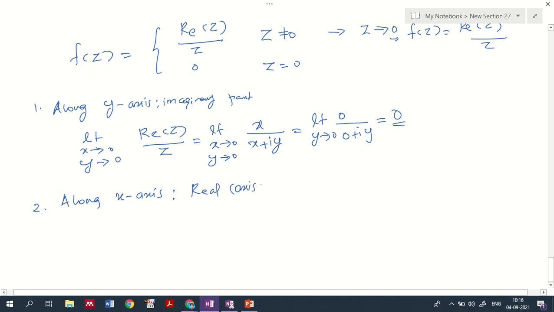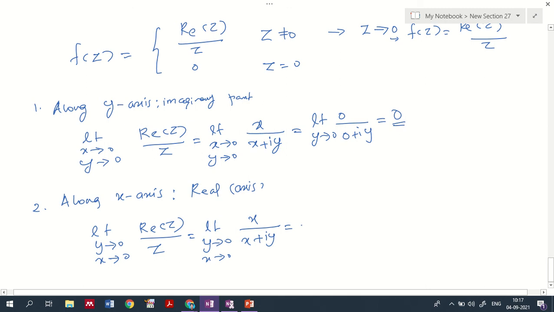Now along x-axis, it is the real axis, right? So over here we have to check the limit as y tends to 0 and x tends to 0 of real part of z divided by z, that is x divided by x plus iy.